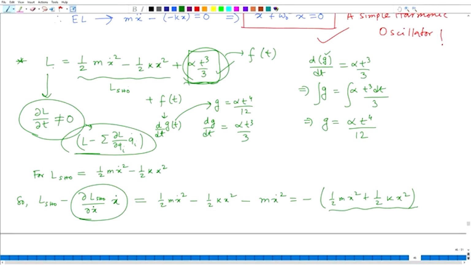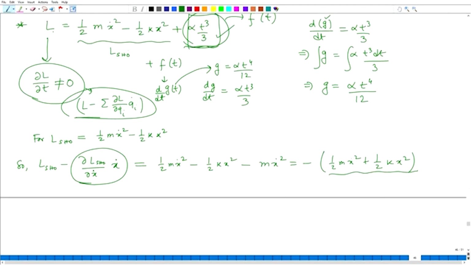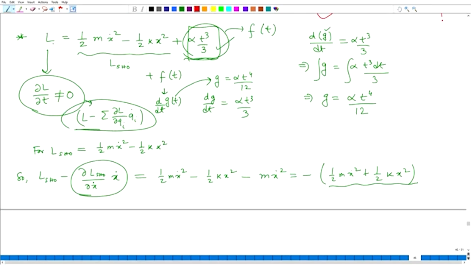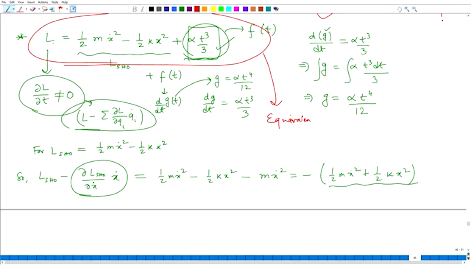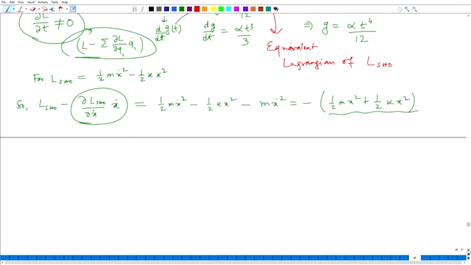The thing is, the first conclusion is this Lagrangian is certainly an equivalent Lagrangian of L SHO, and that is why if you solve the Euler-Lagrange equation, let us solve that also. So, I have L, so let us solve the Euler-Lagrange equation.